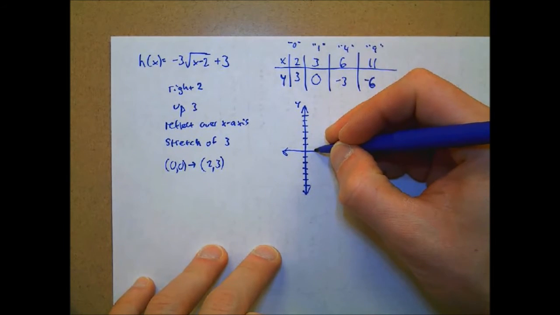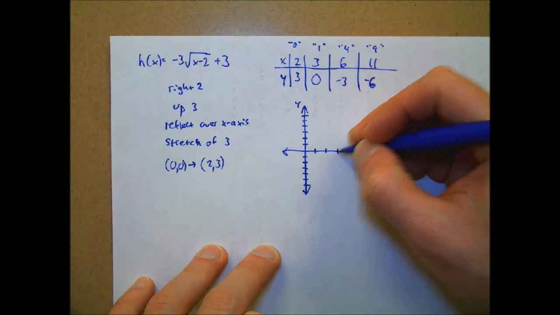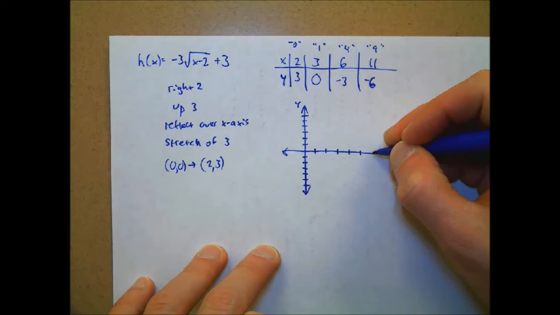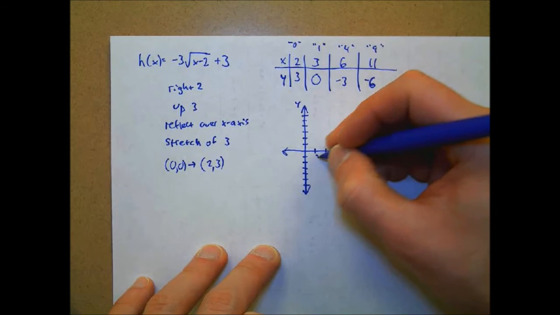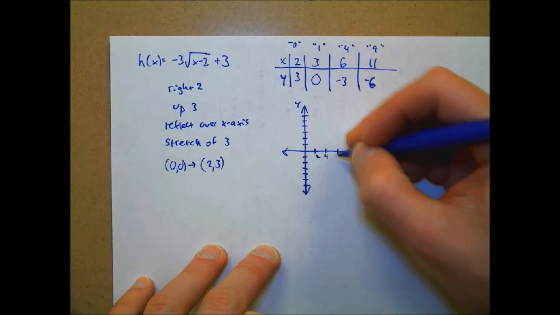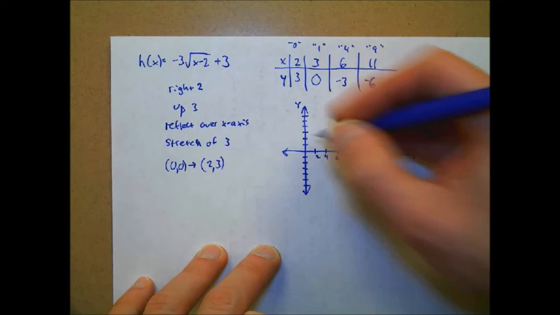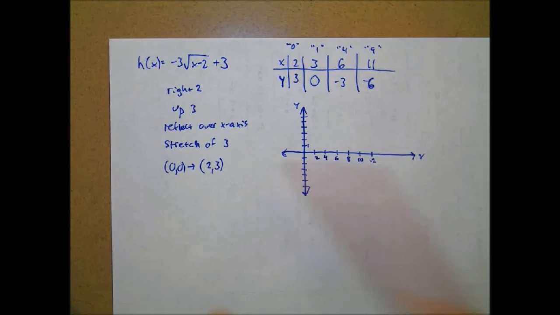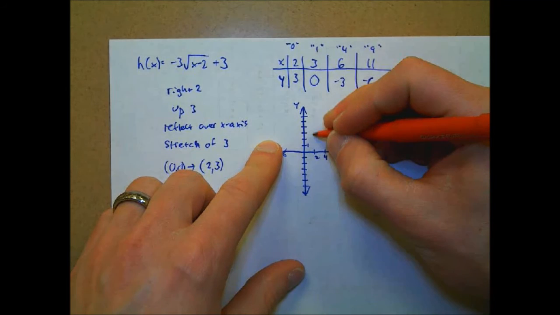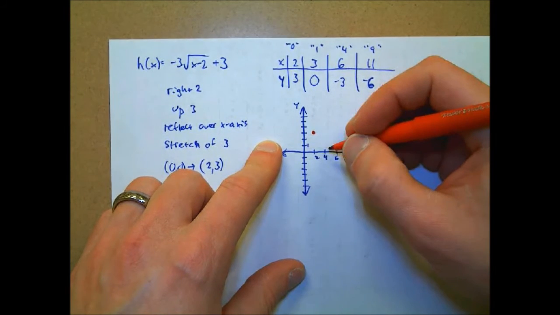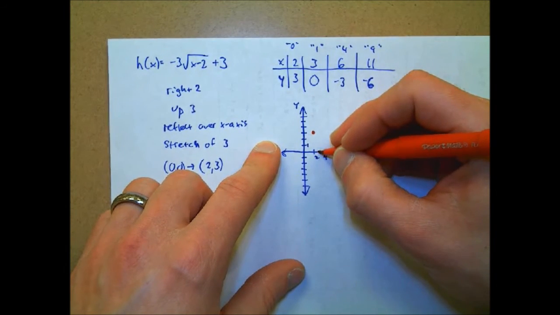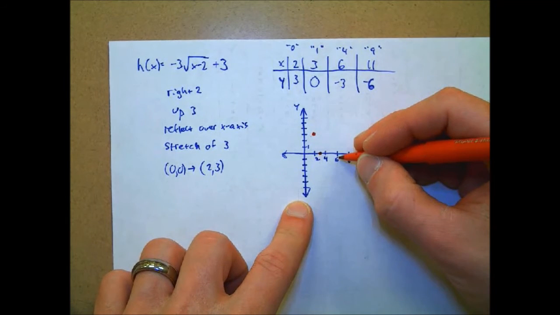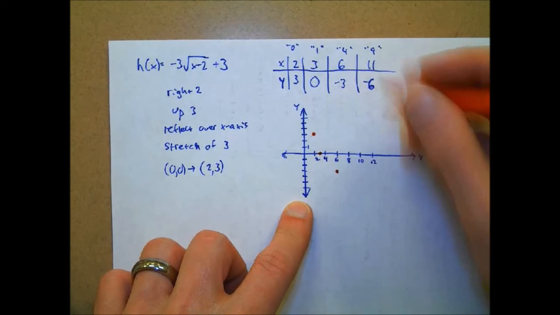So 2, 4, 6, 8, 10, 12. And then 1. Okay. So I count by 2s on my x-axis again, and 1s on my y-axis, just to make it easier to get to those different points. So we have 2, 3, and then 3, 0, and then 6, negative 1, 2, 3, and then 11, negative 6.